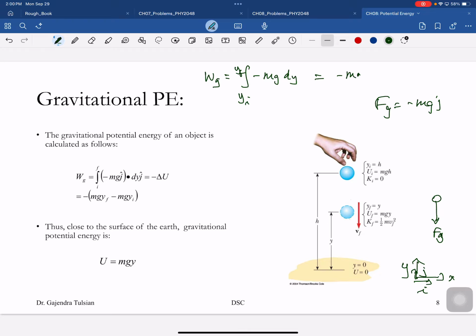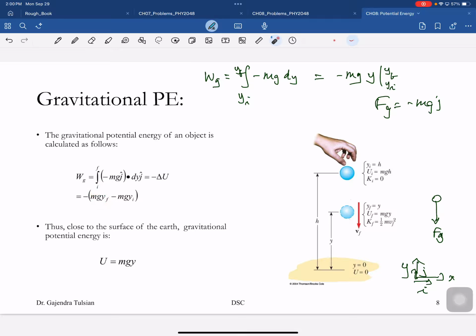Minus mg is constant, as long as you're close to the surface of the earth. So the work done by gravity is minus mg y final minus minus mg y initial.